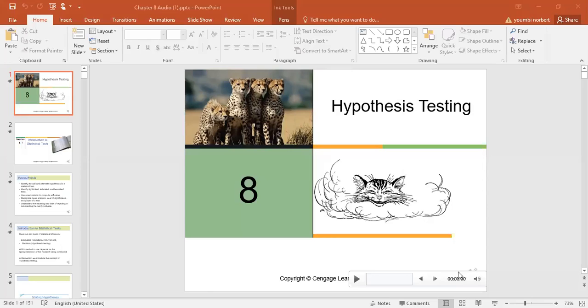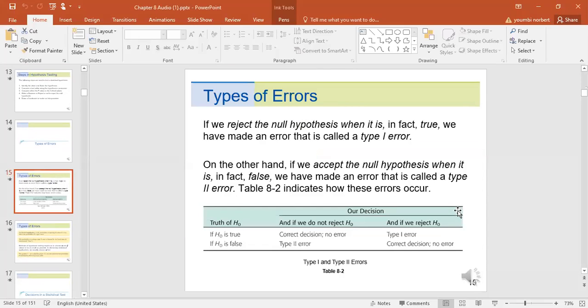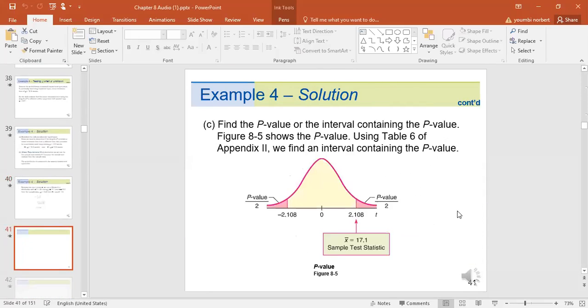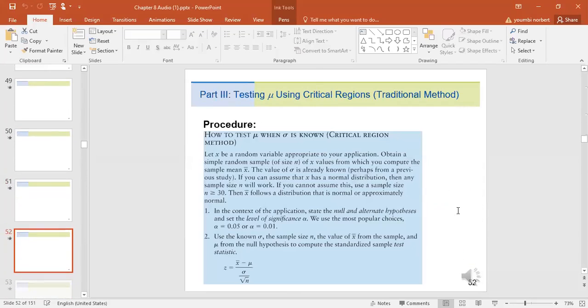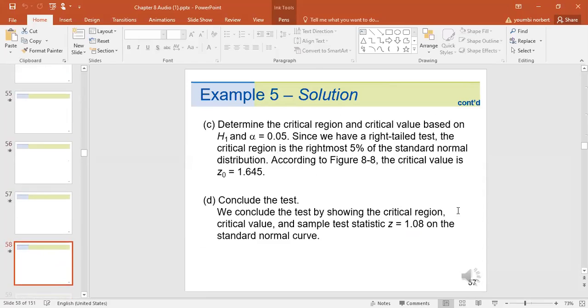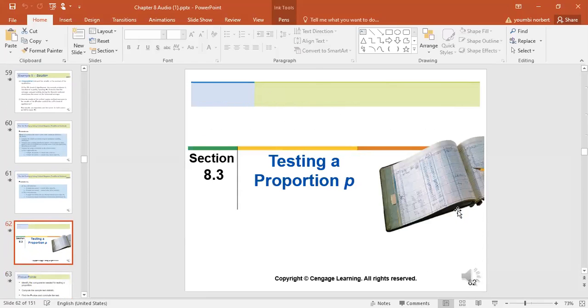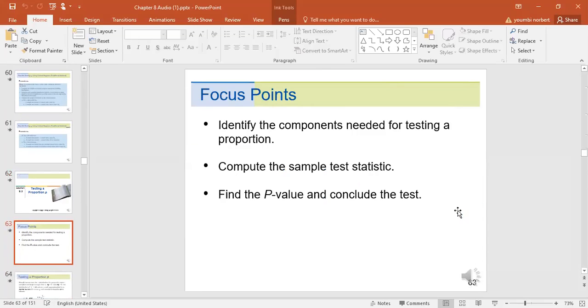We are going to continue with the test for proportion. Like in the test for the mean, we are essentially interested in learning about how to find the test value and the p-value.